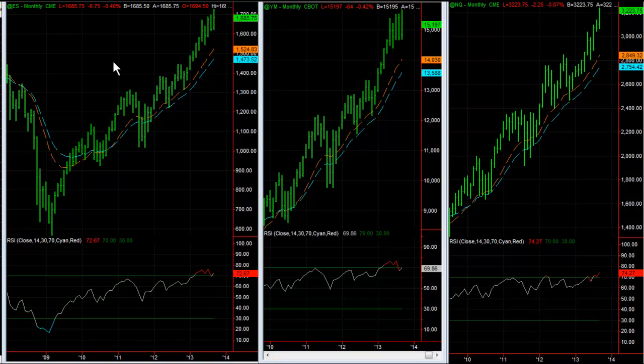Then we'll go to the daily, which is medium term, and then a 60-minute time frame, which is intermediate. You're going to look to see which of these broad market indexes are either the strongest or the weakest, and rank them from each time frame, and so it'll give you clarity as to where to be looking for your trades.